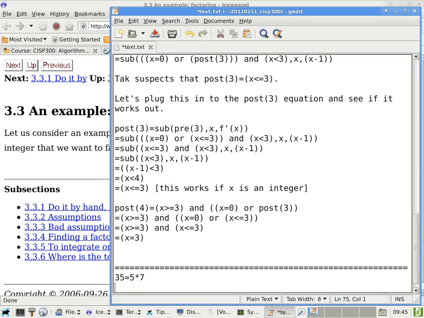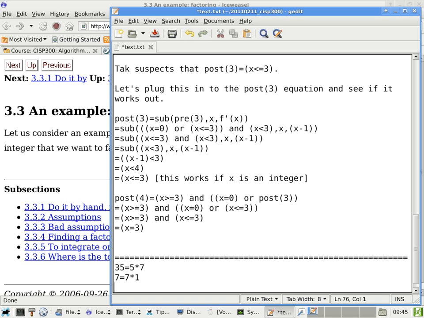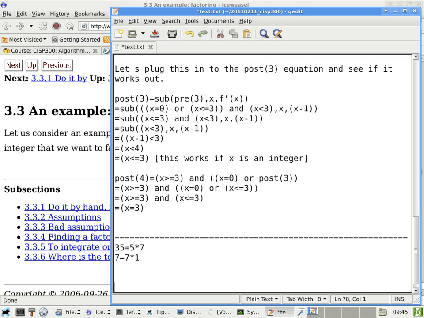So the next step is to ask, can I factor 7? Well, the answer is yes. 7 is its own prime factor. But then what is remaining is only 1, and 1 cannot be factored, because 1 is not even a prime number. So that's an easy case.